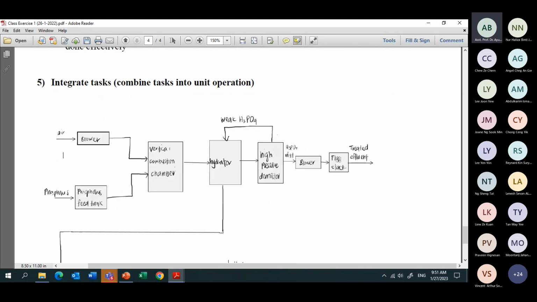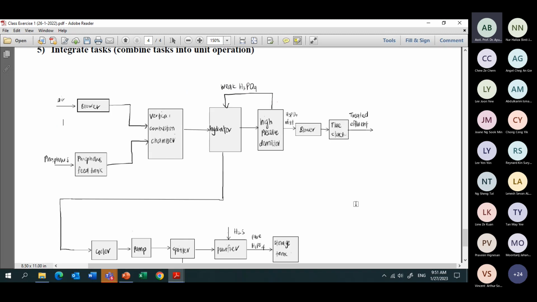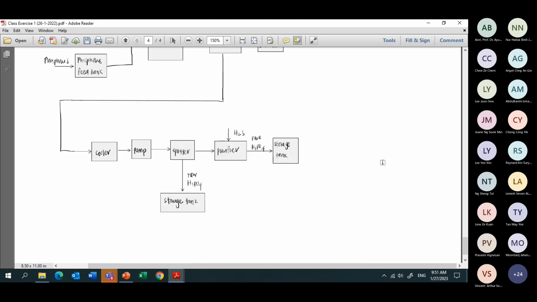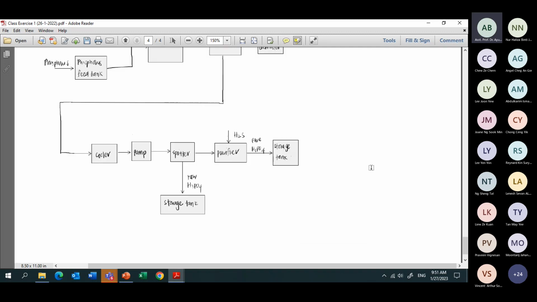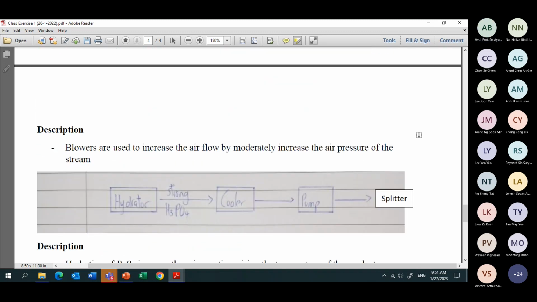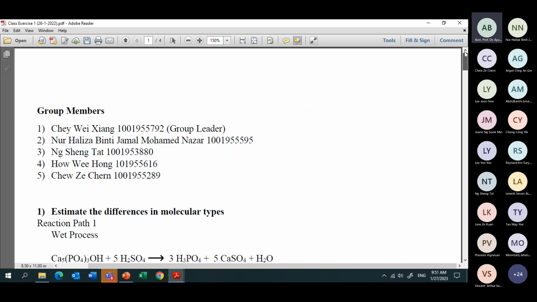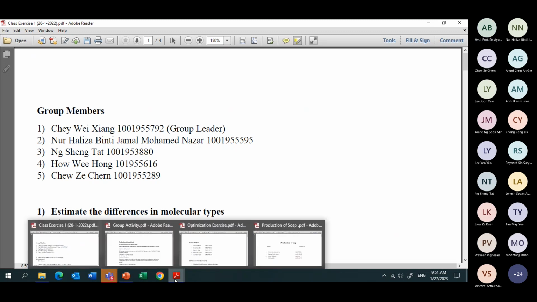Okay, now last part is integrate the task. Combine tasks into unit op. Okay, good. Thank you, group. Okay, next. Any question from the rest? No.